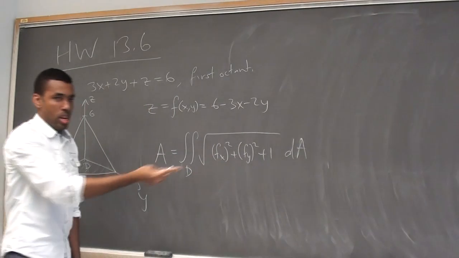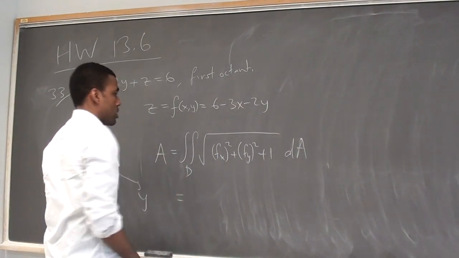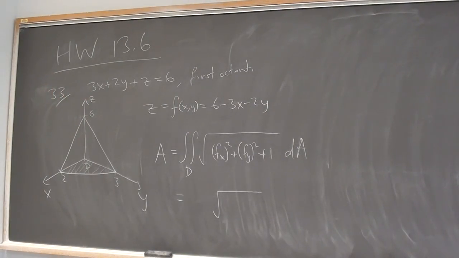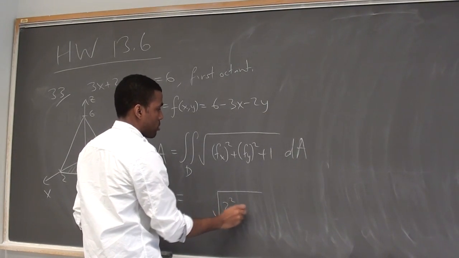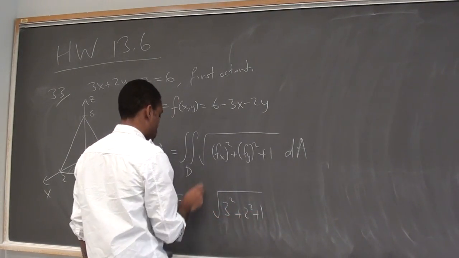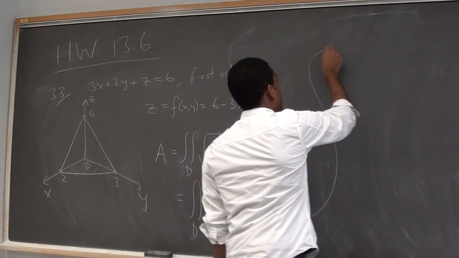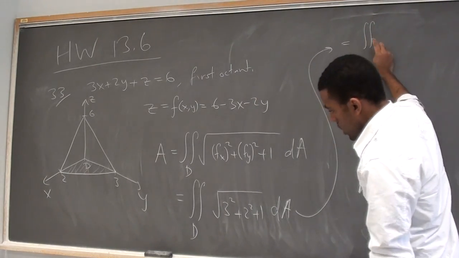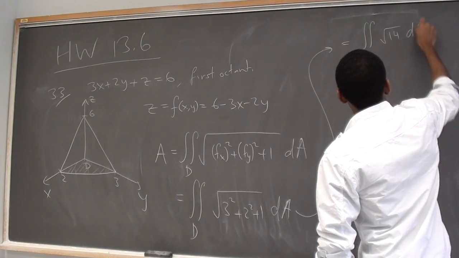If you write that down instead of explicitly telling me what the normal vector is, that's also fine. This would be the radical of 3 squared plus 2 squared plus 1, which is the double integral of square root 14. What's the limit?